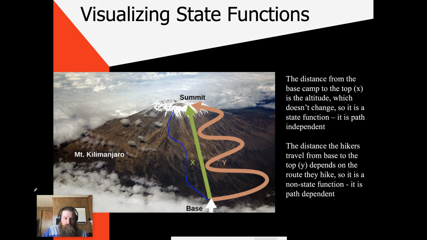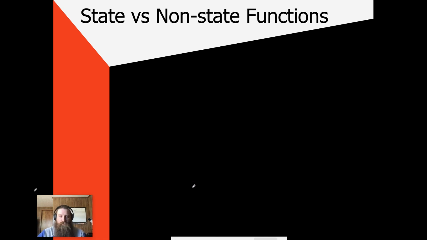There's path Z. Now, path Z might be a little bit more strenuous, right? It's got a nice straight stretch there, and that looks a little steep, and that looks rough. But depending on how you follow it, right, X, Y, or Z, you might walk a different distance. So the distance you're traveling depends on your route, but the altitude of Mount Kilimanjaro doesn't change based on how you get there. So that's the difference in a state function and a non-state function.